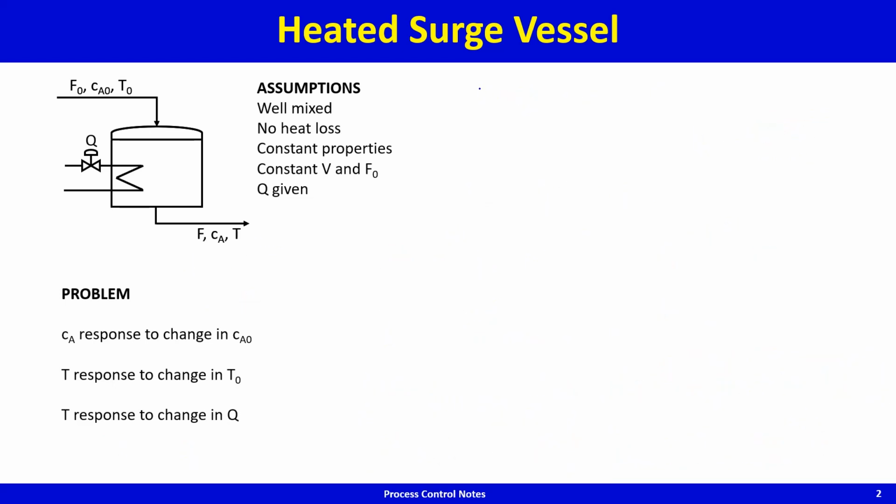If you have tau dCa by dt plus Ca is equal to Ca naught as your governing differential equation, its solution for a unit step change in Ca naught is Ca is equal to Ca naught initial plus change in Ca naught times 1 minus e to the power minus t by tau.